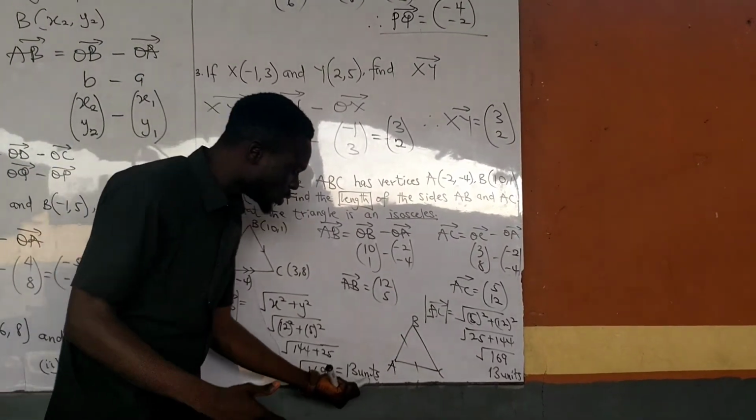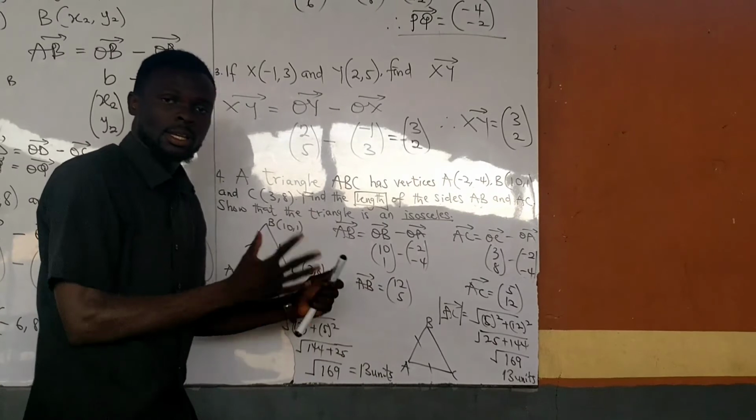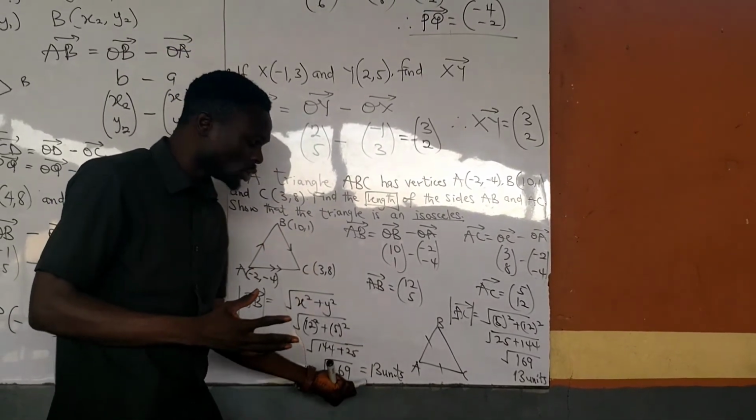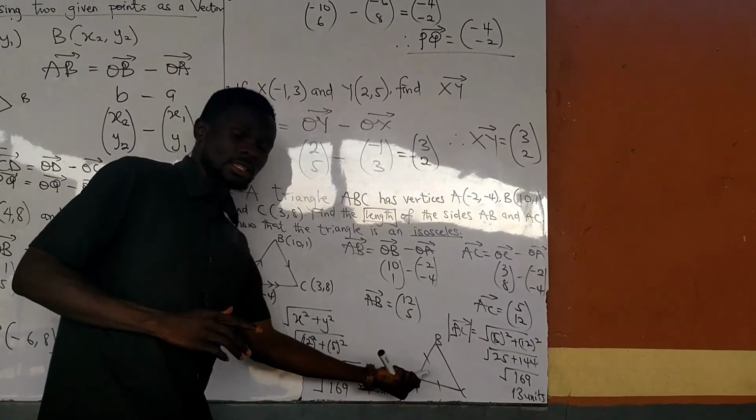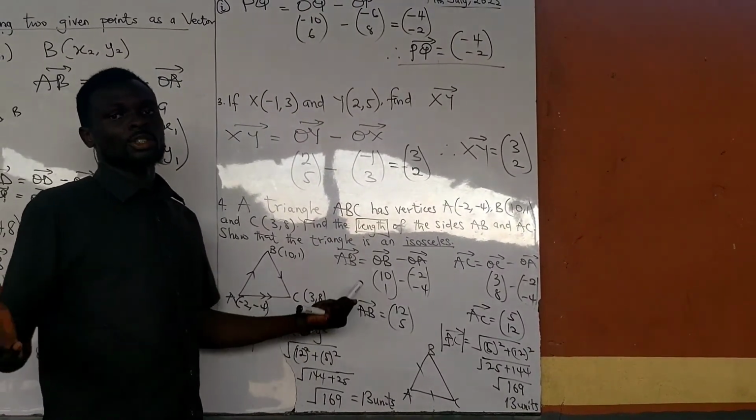But if we solve and have different answers as the magnitude or length, then it means the triangle is not isosceles. But here in this case, it is an isosceles triangle.